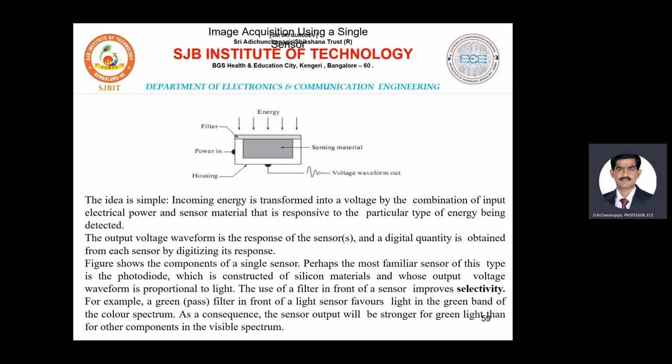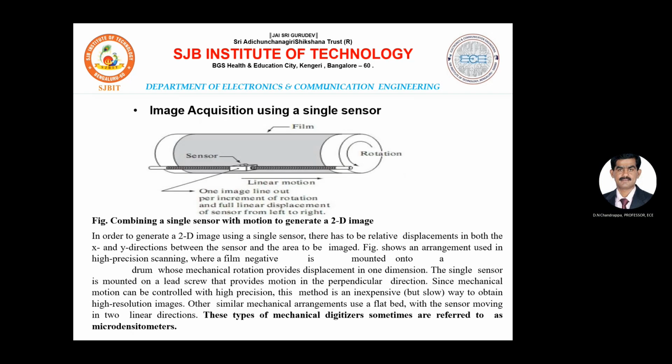For example, a green filter in front of a light sensor favors light in the green band of the color spectrum. As a consequence, its output will be stronger for green light than for other components in the visible spectrum. So internally, this is how you capture the image using a single sensor.